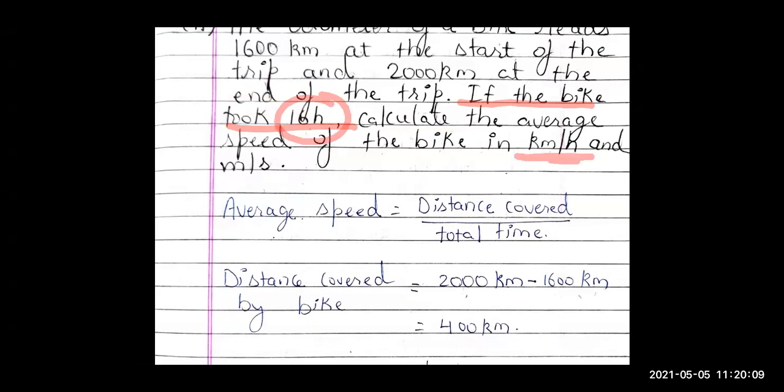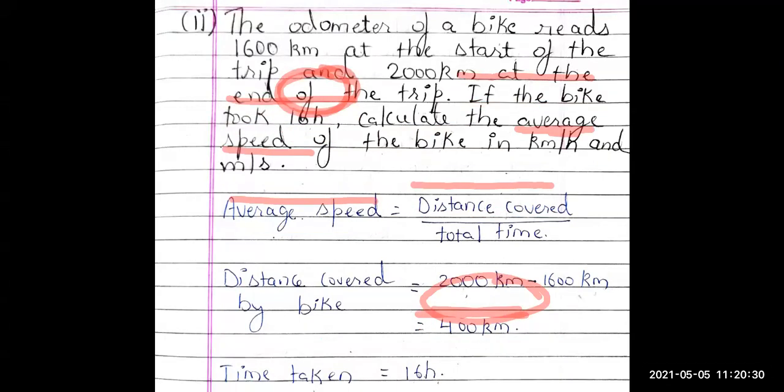You have to find speed first in kilometer per hour and then you have to find it in meter per second, right? Now you know the formula of average speed is total distance by total time. What is the distance? 400 kilometers. And what is the time? 16 hours. So let's divide 400 kilometers by 16 hours.